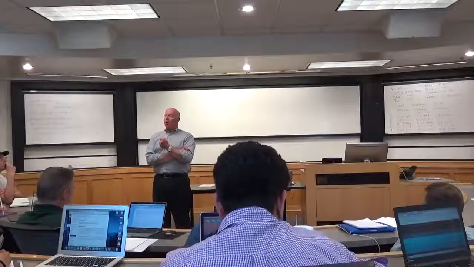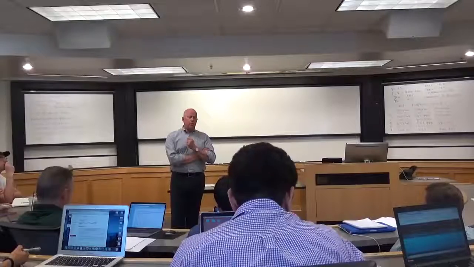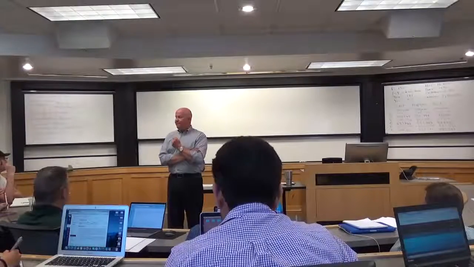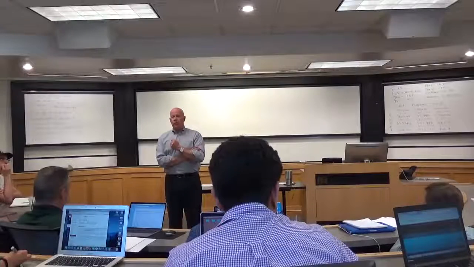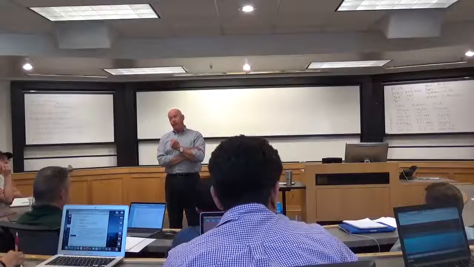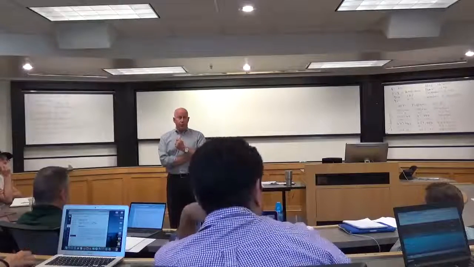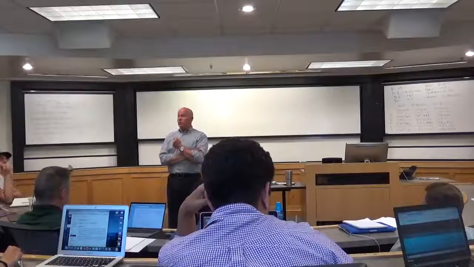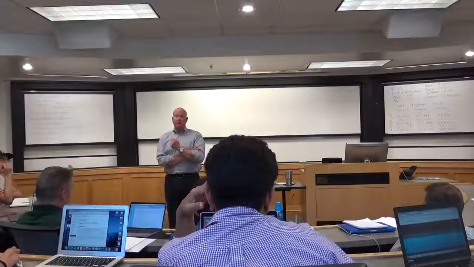Okay? Always. And the only time you would ever use the key value driver form of this equation, which is free cash flow equals NOPLAT times 1 minus g divided by ROIC, you only use that in the continuation term. And when you use it in the continuation term, it becomes the key value driver model. It's no longer expressly the free cash flow model.